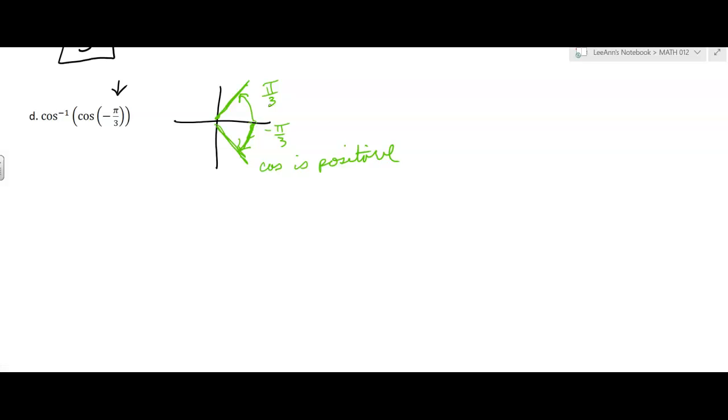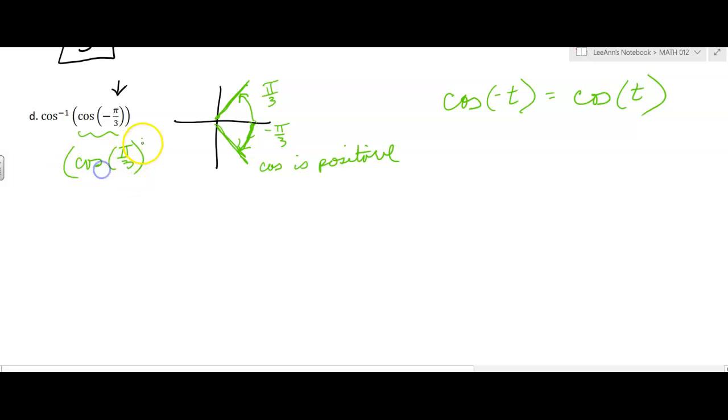In fact, you could use that one identity we have that says the cosine of negative t, because cosine is an even function, is equal to the cosine of t. I didn't think to use that till just now, but I could write that as the cosine of pi over 3. That's another way to look at it. Okay. So then we're back to what we had before. So for the inverse cosine, the answer is just going to be pi over 3.